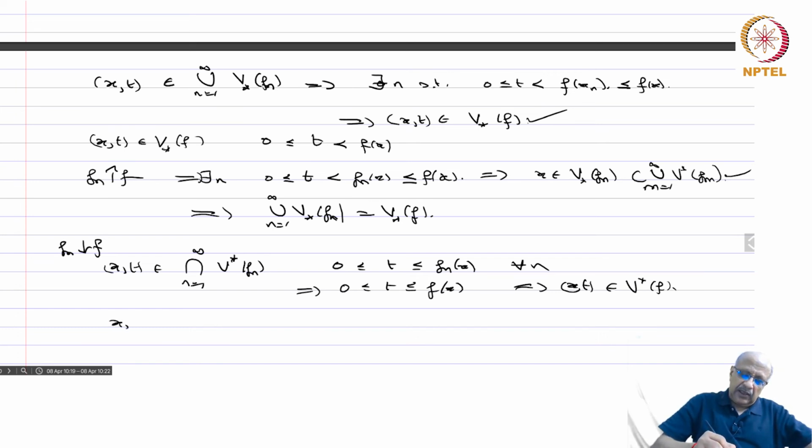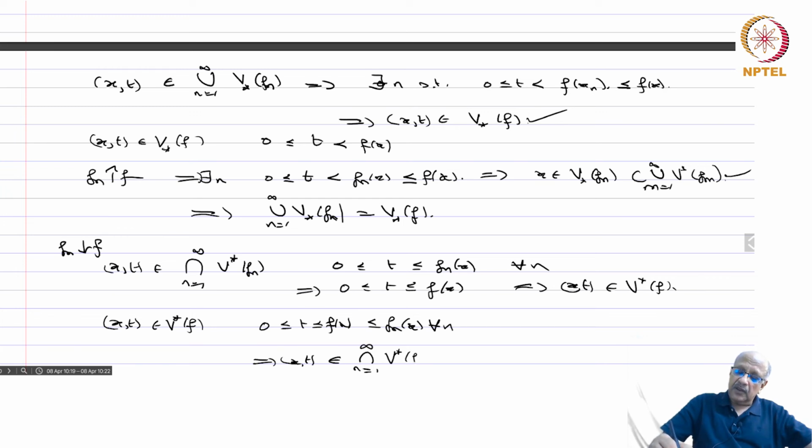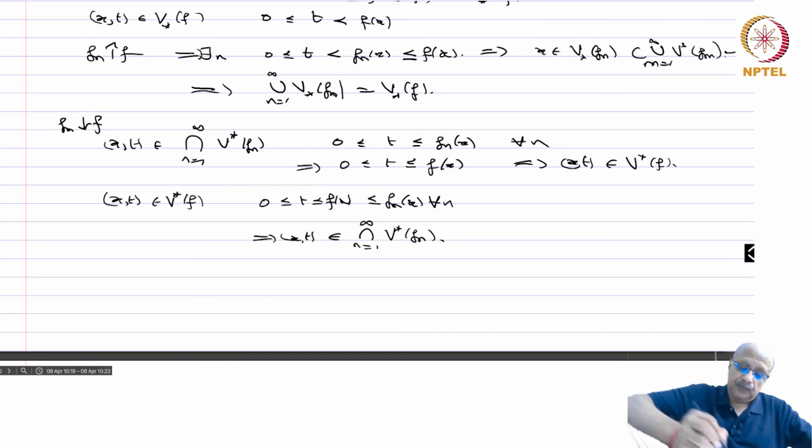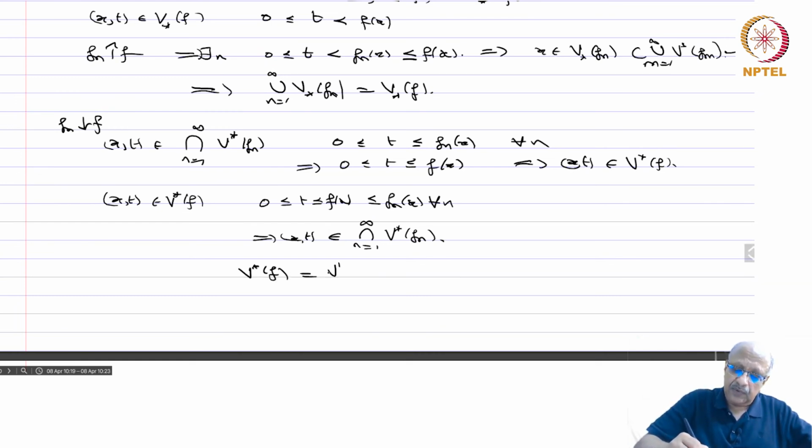Conversely, (x, t) belongs to V superstar f, so this means 0 less than or equal to t less than or equal to f of x, but f of x is less than or equal to f_n of x for all n, and this implies (x, t) belongs to the intersection n equals 1 to infinity of V superstar f_n, and therefore those two are equal. So we have V superstar f equals the intersection of V superstar f_n.